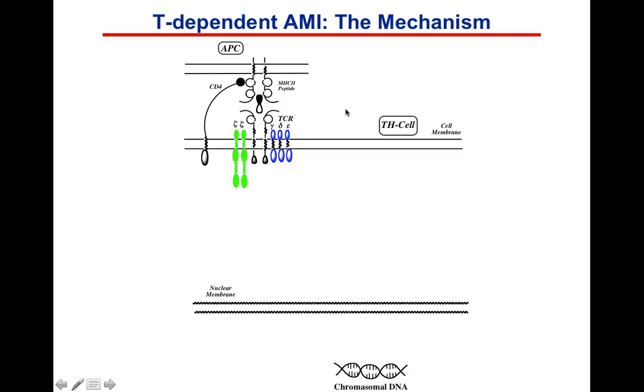And so this will show you how CD3 governs this activation. So here's a T helper, TH cell. Here's the membrane. Here's the nuclear membrane, and down here is the DNA for the chromosome. Upon this, LCK, which is a kinase usually attached to CD4, is brought into the formation of this protein complex.